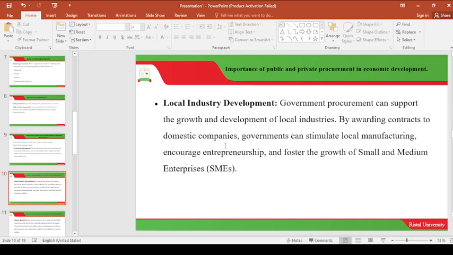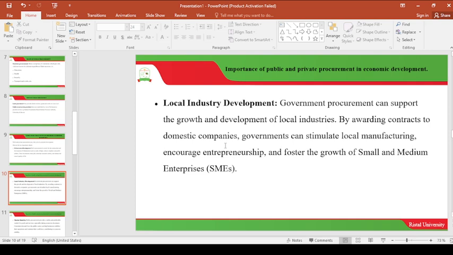Because the government is the buyer and the private sector is the seller, the government will promote the domestic companies by giving these companies contracts, be it construction of roads, bridges, or hospitals.